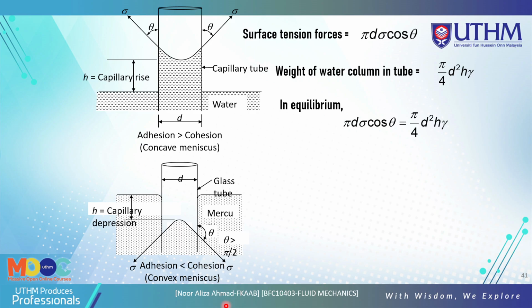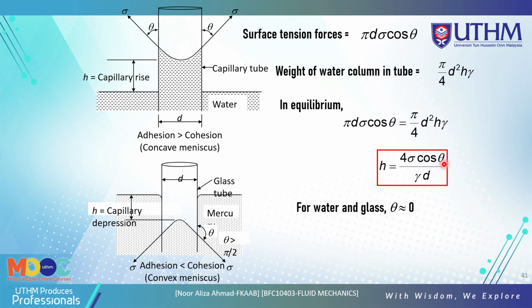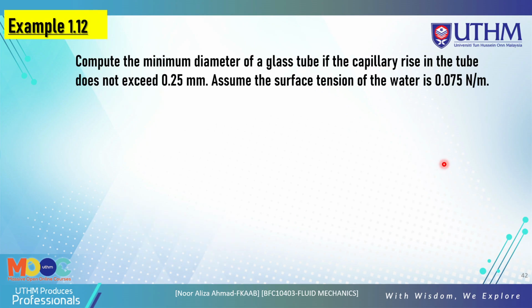So we use this equation: h is equal to 4 times surface tension times cos theta, divided by specific weight times diameter.